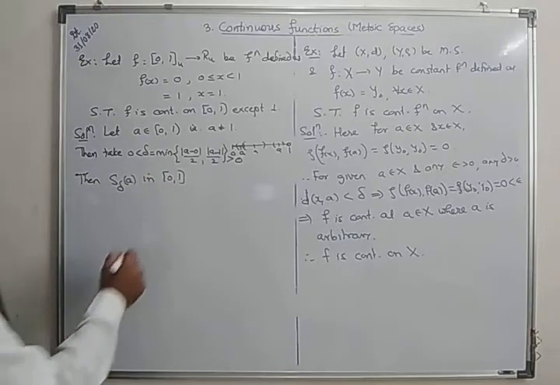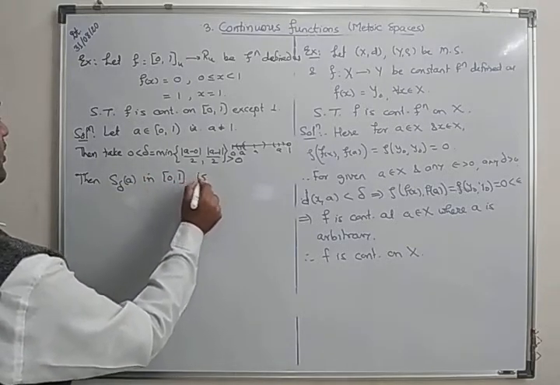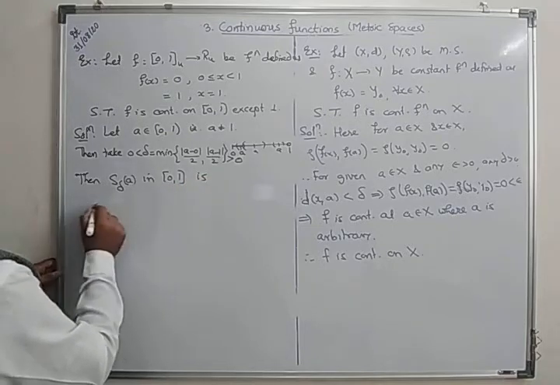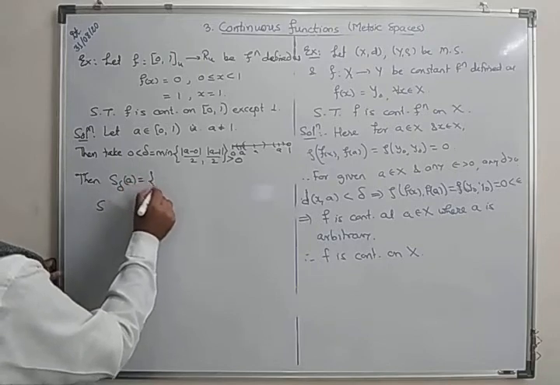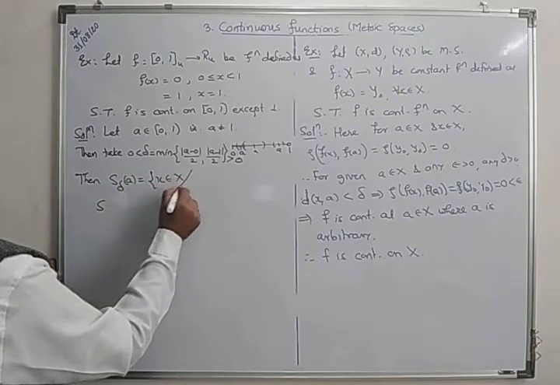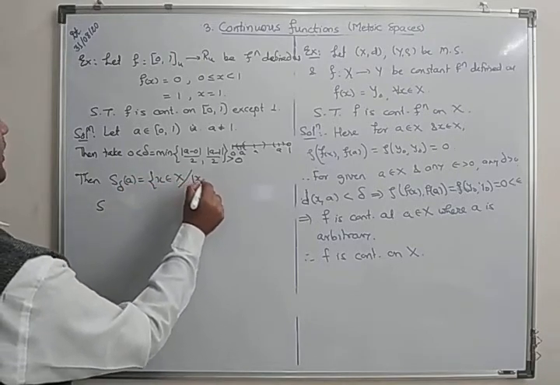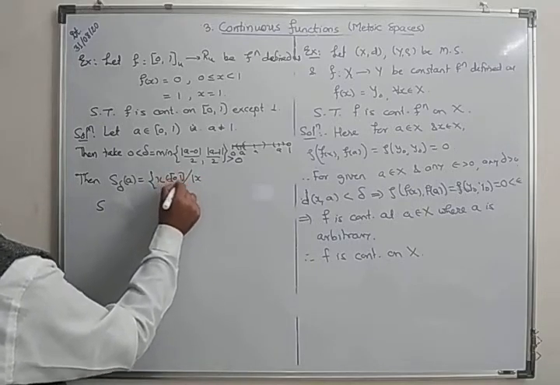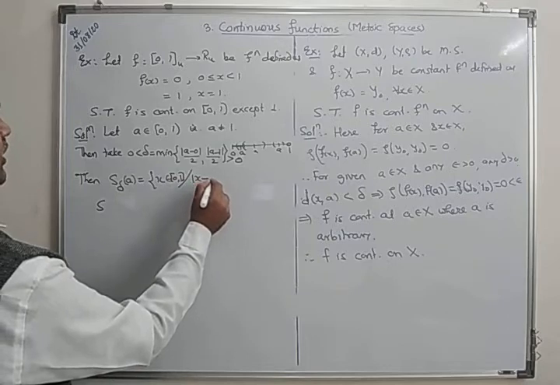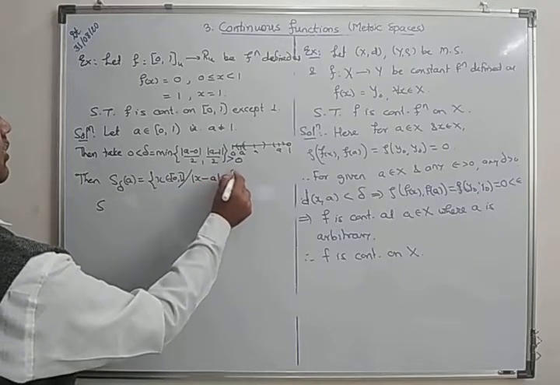S delta 1 in 0, 1 is, or S delta A is equal to x belongs to 0, 1 such that mod of x minus a less than delta.